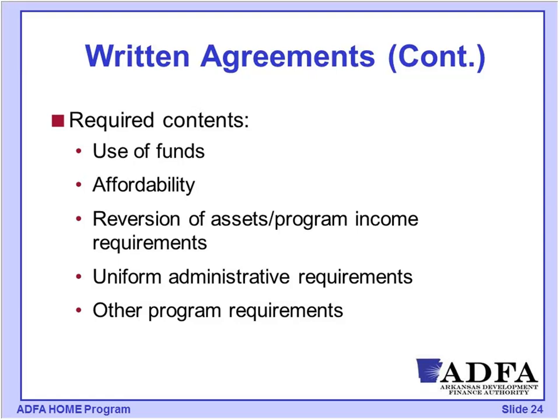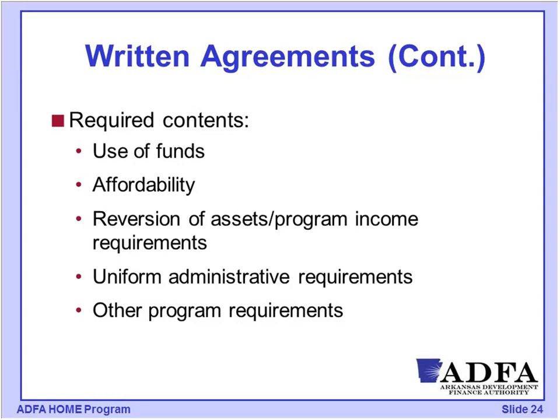Also the affordability that's going to go along with that. And as we get into our individual activities, our home buyer and rental activities will have a long-term affordability requirement. And so that would be spelled out within that agreement, and when that affordability period will begin and when it will end.